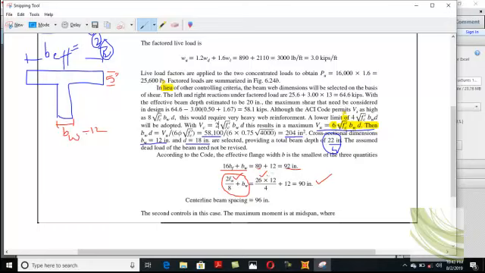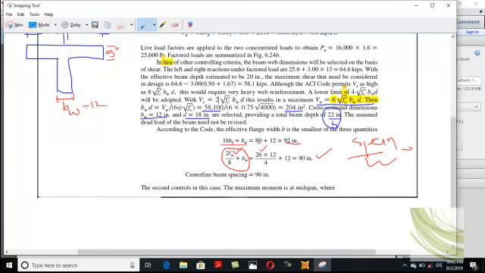And there are also some other criteria, center to center distance and span divided by 4. You need to revisit chapter 3 and chapter 4, where you can find the criteria used for T and L beam design. So you need to check those criteria.